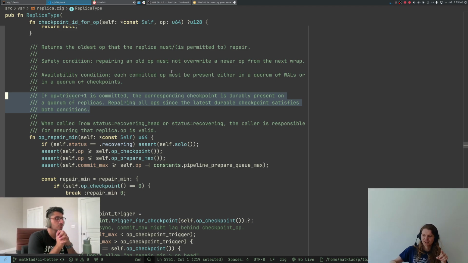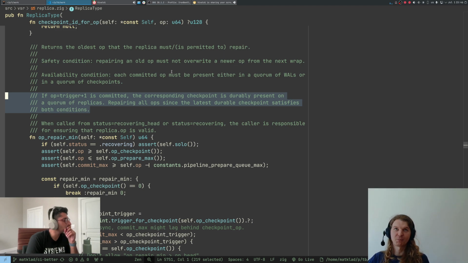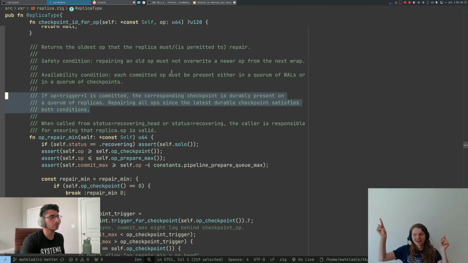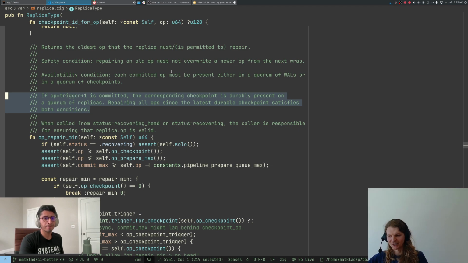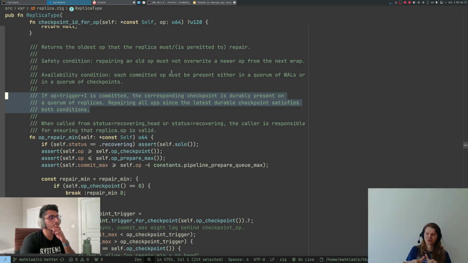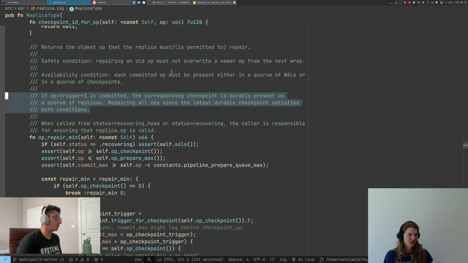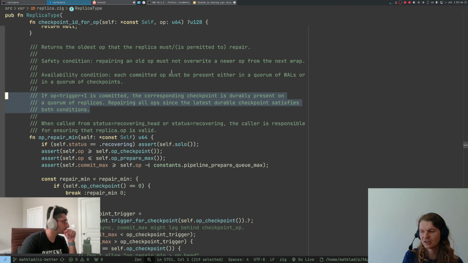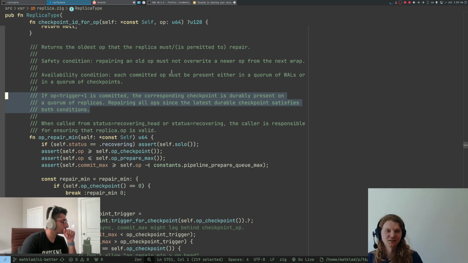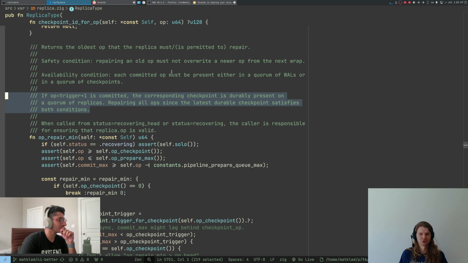I think I was writing this code before we had checkpoint pipelining, but I landed the code after the pipelining landed, and the two together actually contradict each other. So anyway, the comment says if we commit the trigger plus one, then we get indirect evidence that the checkpoint is durably present on a quorum of replicas, and we then can proceed.